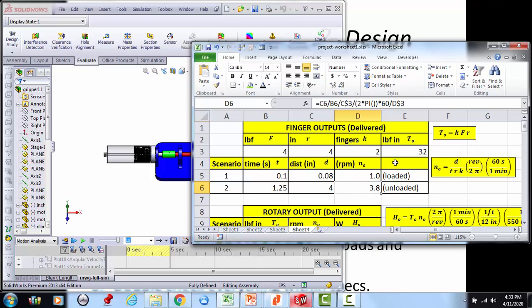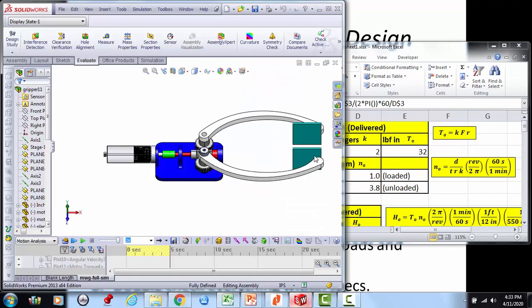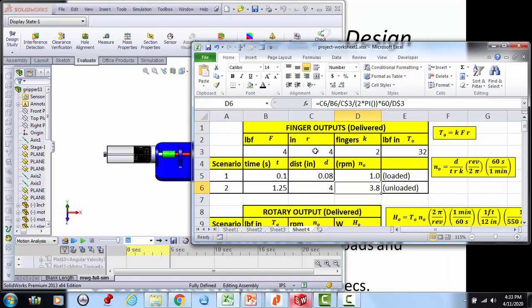And then as far as the output torque, I want to take the 4-inch radius for the arm on the output finger.